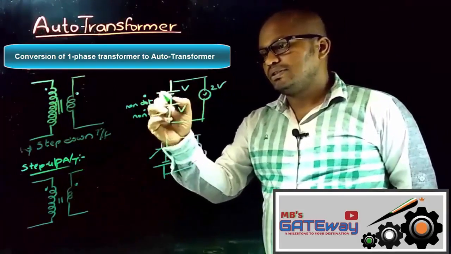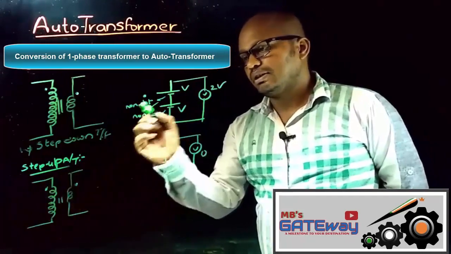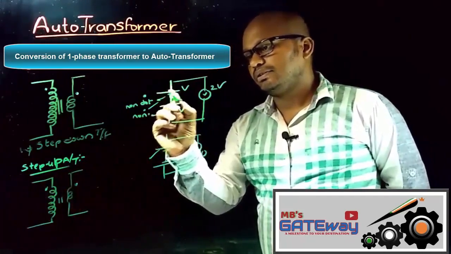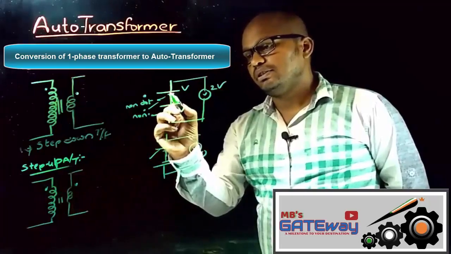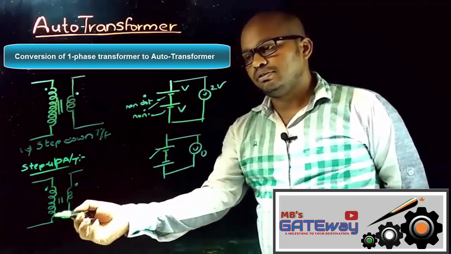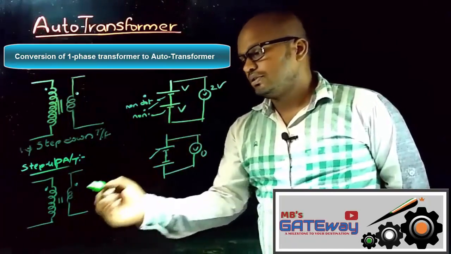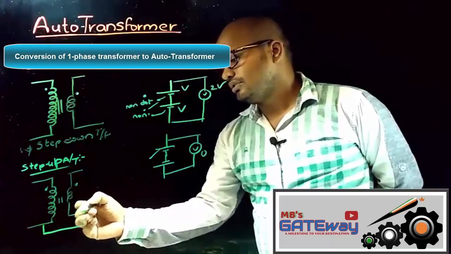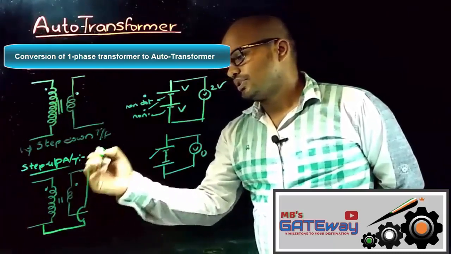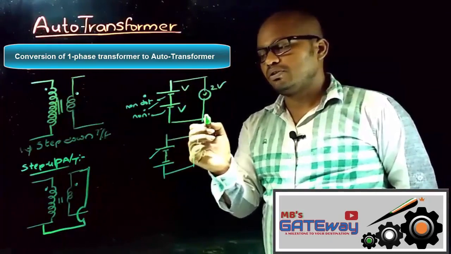So this is the element, and to this element this is the dot end, and this is the non-dot end. And what we must do? We must connect non-dot end to the dot end. So non-dot end is this, and this is what we are connecting to the dot end, and the output is being taken from the dot end to the non-dot end.